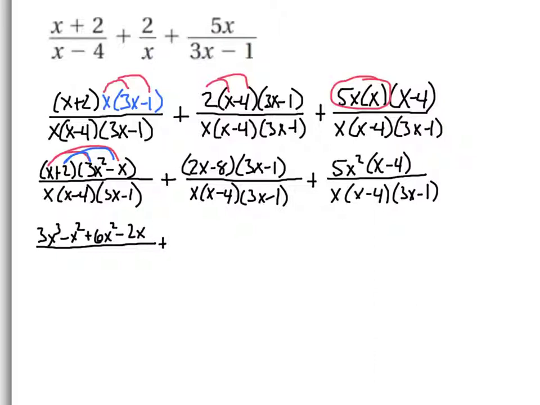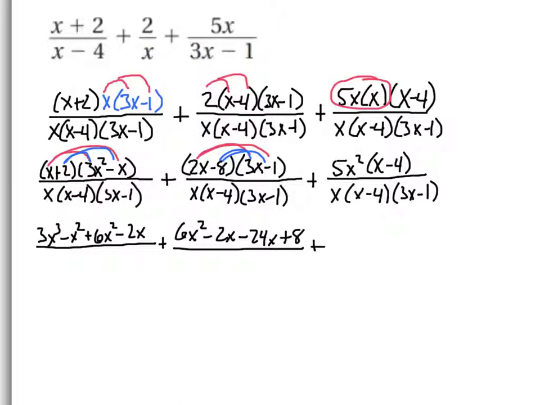plus, foiling the next one, 2x times 3x is 6x squared, 2x times negative 1, negative 2x, negative 8 times 3x is going to be a negative 24x, and negative 8 times negative 1 is a positive 8.